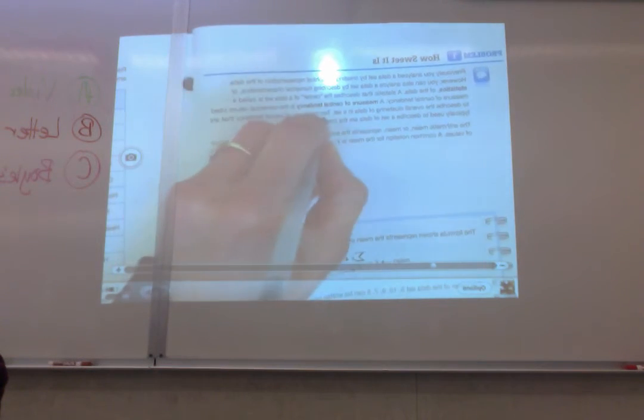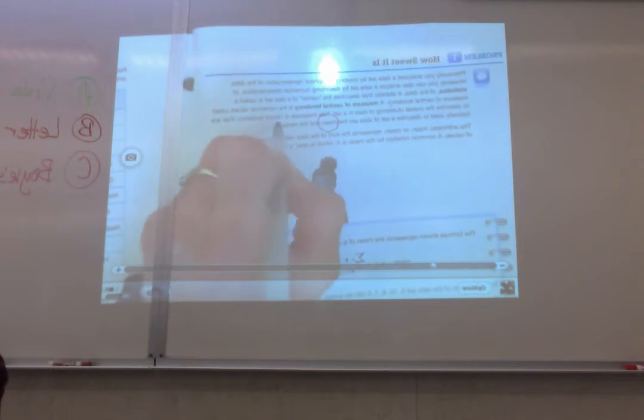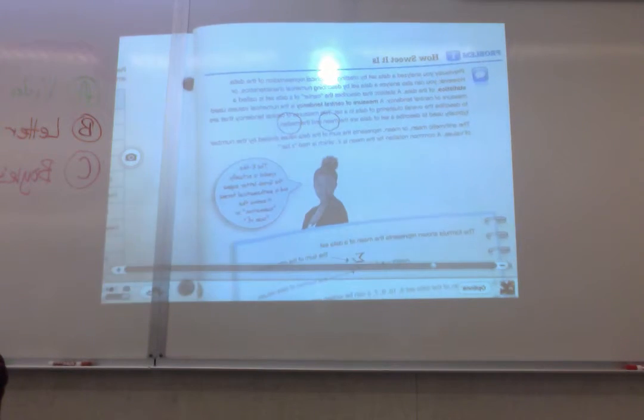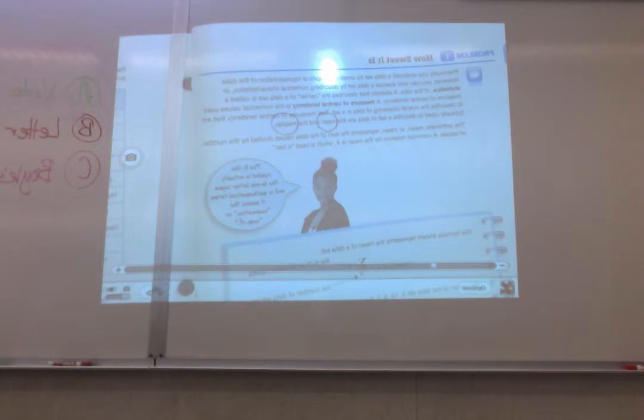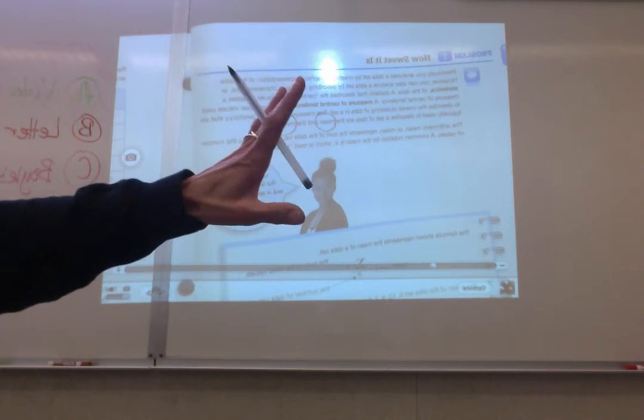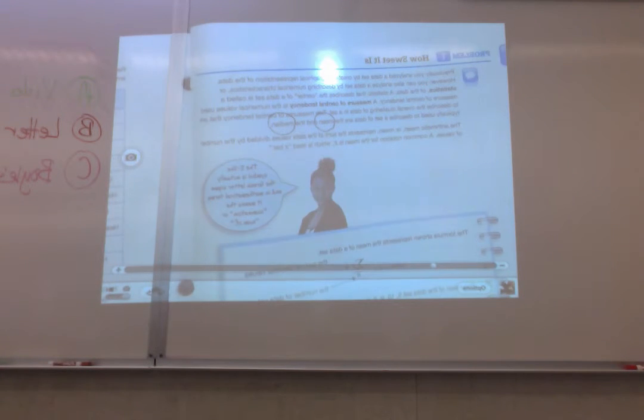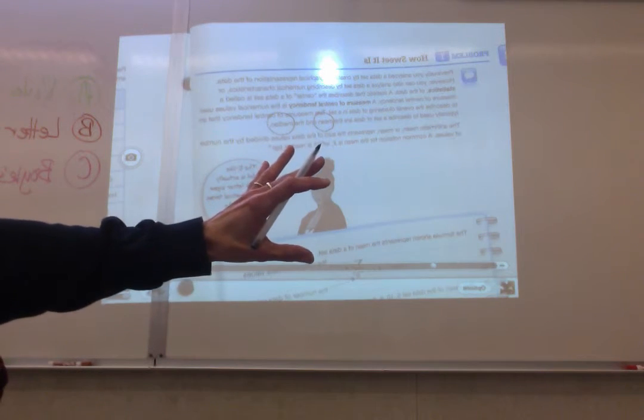Okay, we talked a little bit about mean last week. Median we've been talking about a lot. What is the median? The middle. 50% are higher and 50% are lower. The middle of any set of data means of all the things I collected, half are below and half are above.